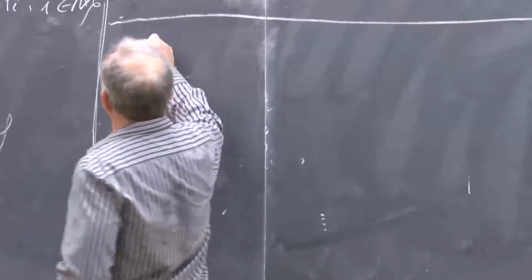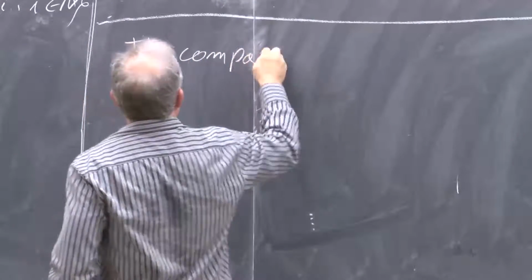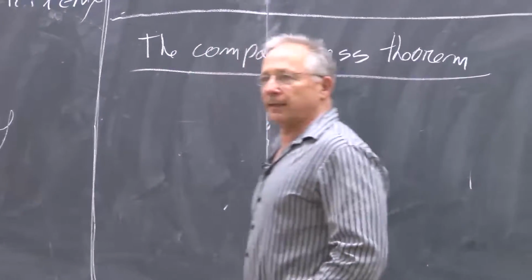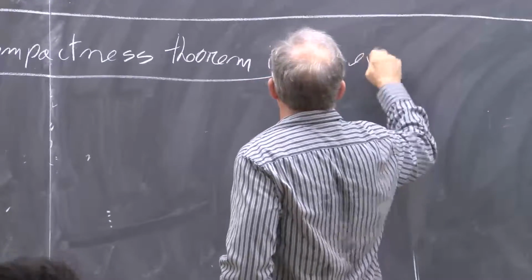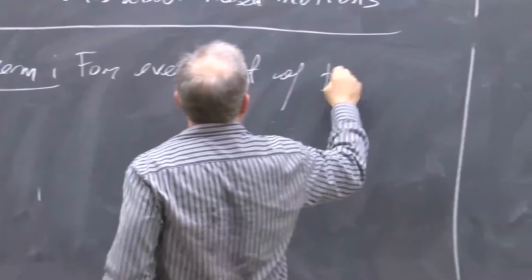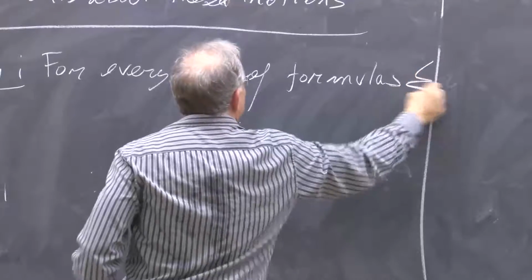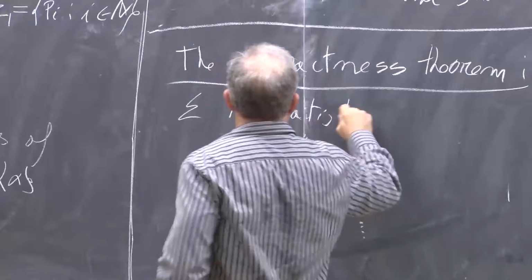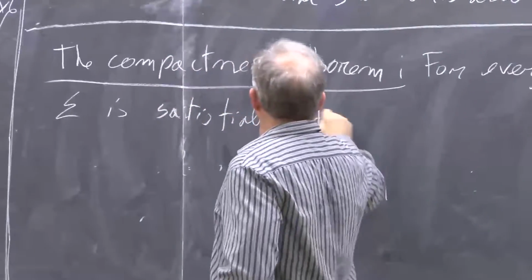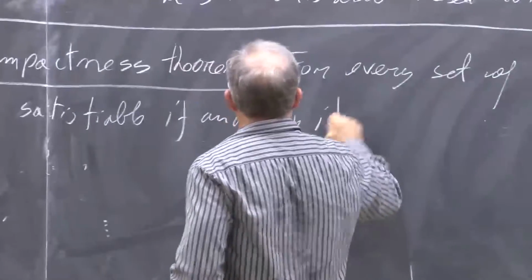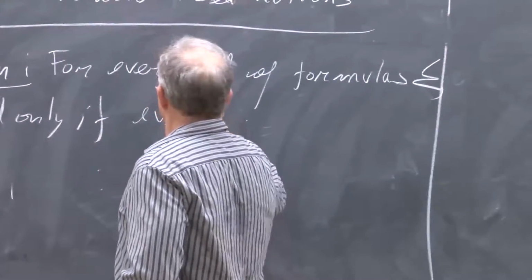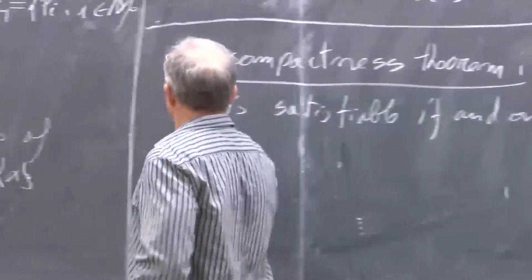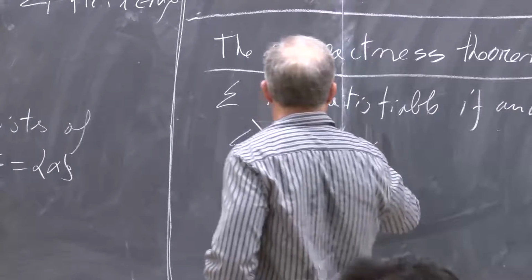The first one is called the compactness theorem. The compactness theorem says that for every set of formulas sigma, sigma is satisfiable if and only if every finite subset sigma prime of sigma is satisfiable.